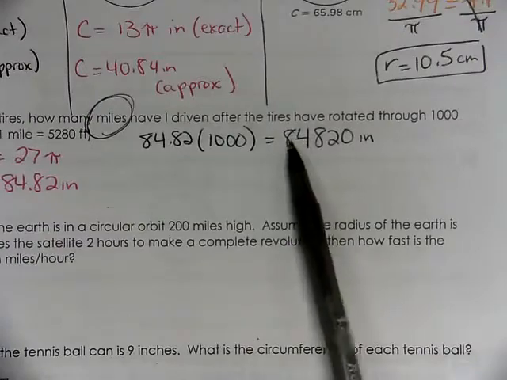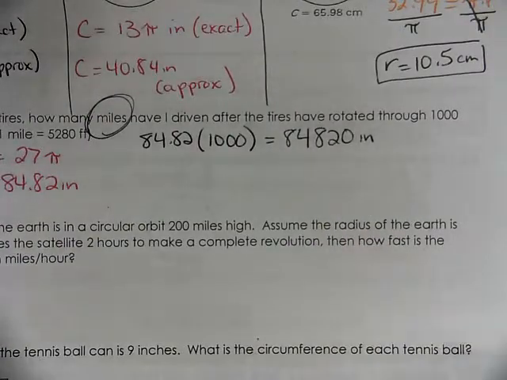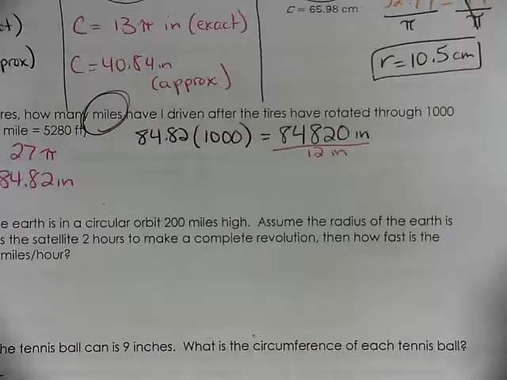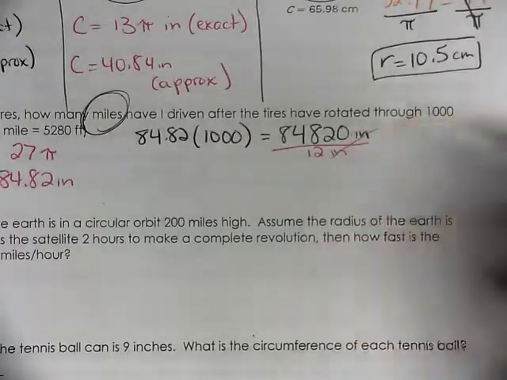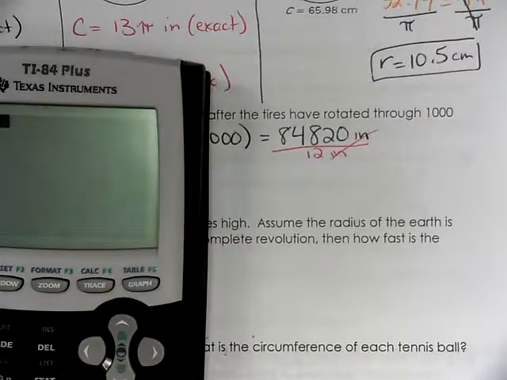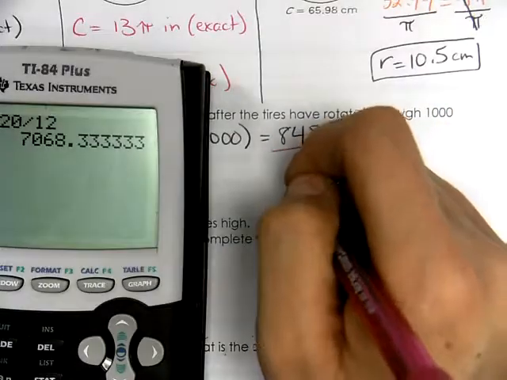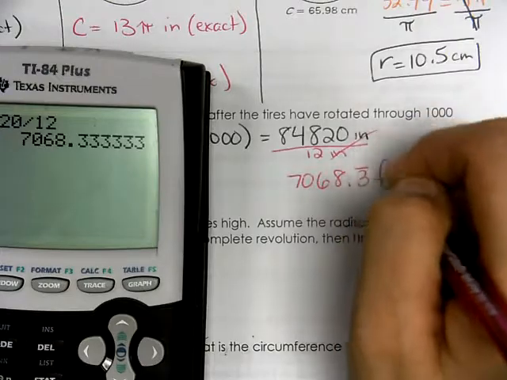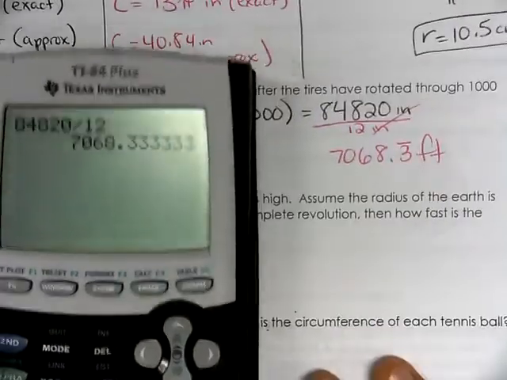So if I want to convert 84,820 inches to feet, I'm going to divide by 12, because then the inches cancel. So 84,820 divided by 12 is 7,068.3 repeating feet. That's how far my car has gone.